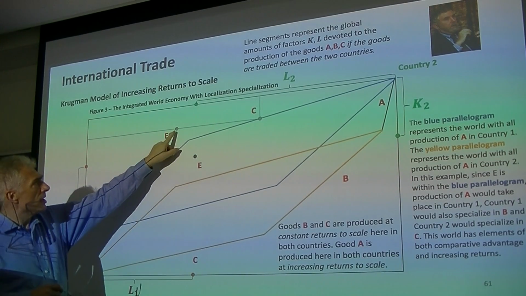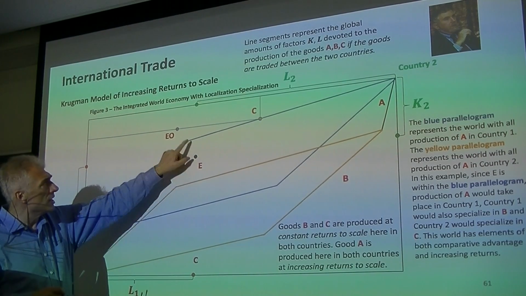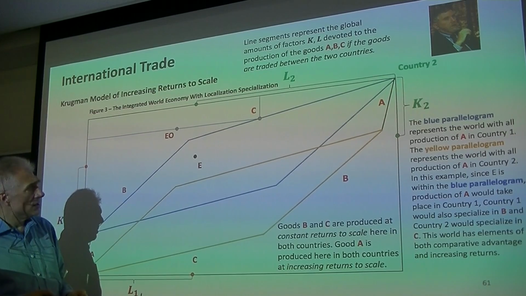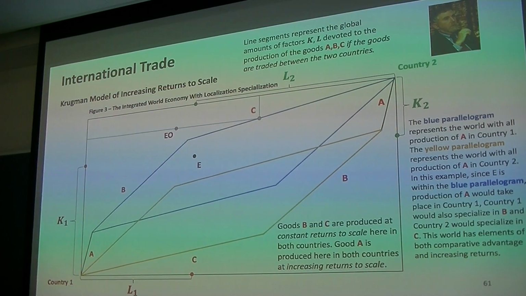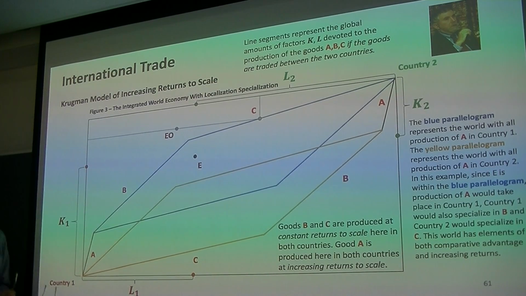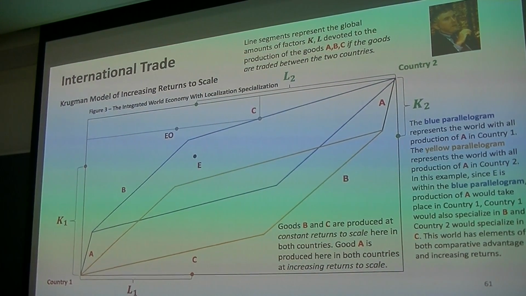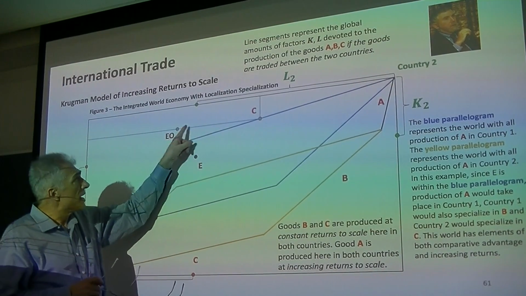One of the things I wanted to make a point on: he talks about the endowment. Let's say it's somewhere outside of these parallelograms, at some point like E0, an endowment outside of this area. It's impossible.